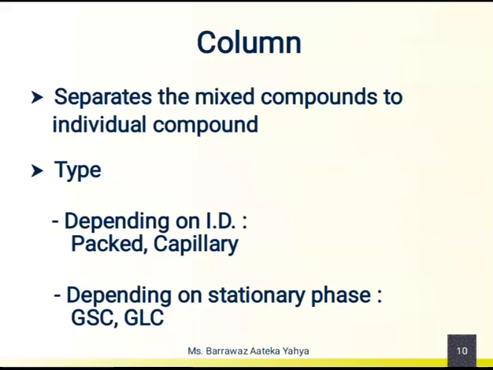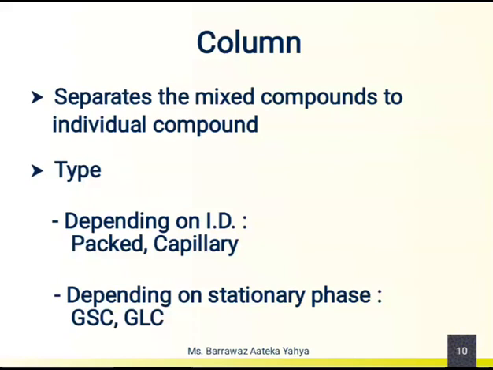Then we have columns. The most interesting and the most important part of gas chromatography is its column. It is the heart of the gas chromatographic technique, as it has the highest column length, and it is a length with a small internal diameter.